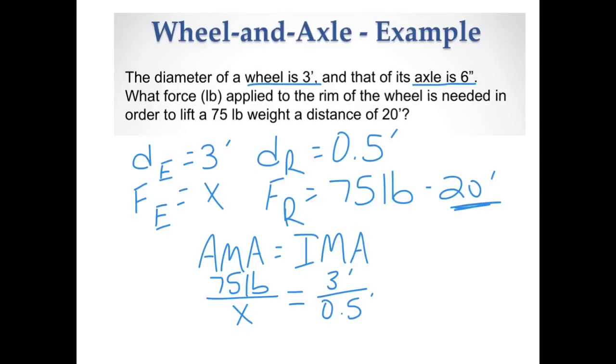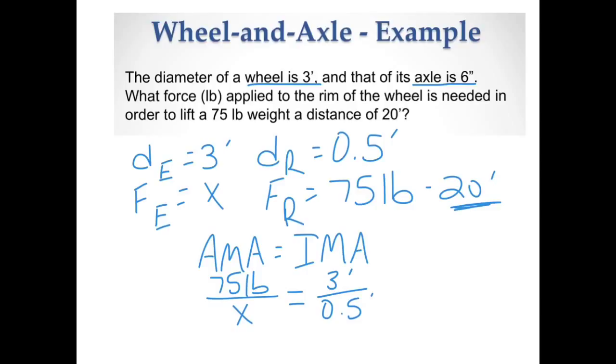All right, so my IMA turns into a ratio. 3 feet divided by 0.5 feet is going to give me 6. So that means that there's a ratio of 6 to 1. So my wheel is going to go around 6 times before my axle has moved the same distance as 1 time for the circumference of that wheel.